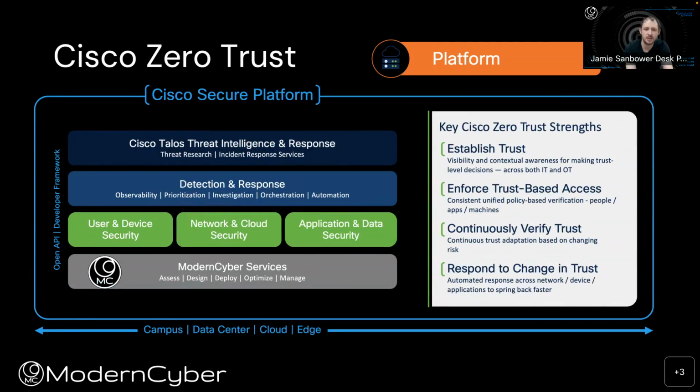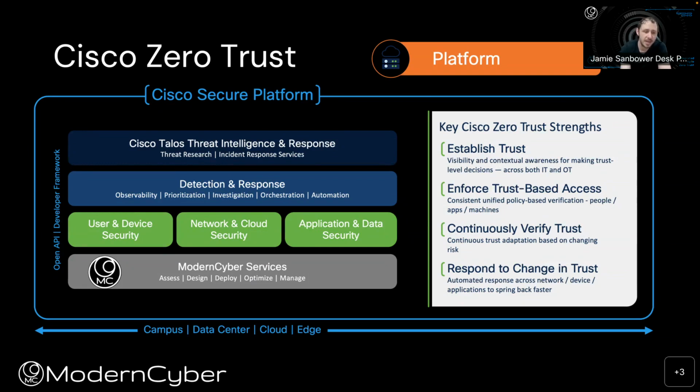And when we look at the platform itself, Cisco brings a breadth of different solutions that help enable the end-to-end Zero Trust architecture. And so one thing that's kind of key here is when we're looking at Cisco as a Zero Trust partner, their ability to bring in threat detection and response, prioritization, investigation, and orchestration on top of their Zero Trust enforcement and policy decision points, focused around things like user and device security, network and cloud security, and even application and data security, you'll see that each of these have a tie to the overall broader platform.